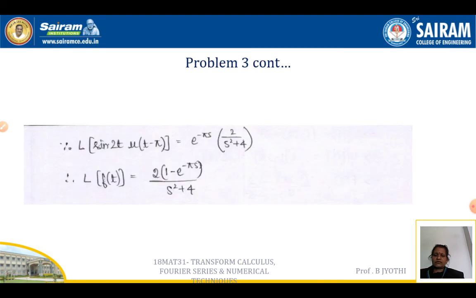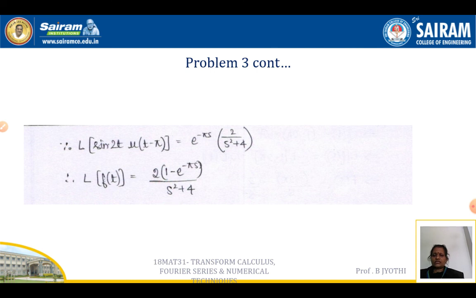Then we get e power minus pi s into 2 divided by s square plus 4. So this on subtraction with the previous one, that is 2 divided by s square plus 4 minus 2 into e power minus pi s divided by s square plus 4. On taking the 2 common and s square plus 4 in the denominator common, we get 1 upon 1 minus e power minus pi s.